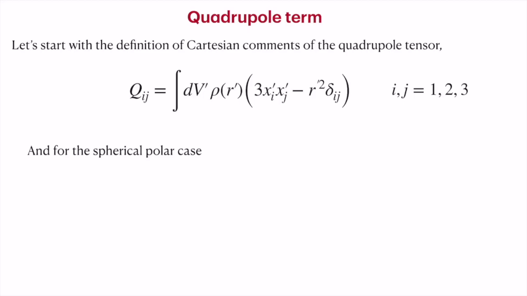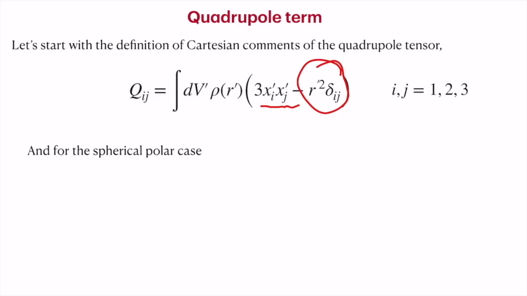Let's quickly glance at the quadrupole moment in the Cartesian coordinate system. It essentially is the outer product, and the trace is removed. For convenience, one can use it with or without the trace, but often people use it without the trace, that is Qij, as the basic definition of the quadrupole moment.